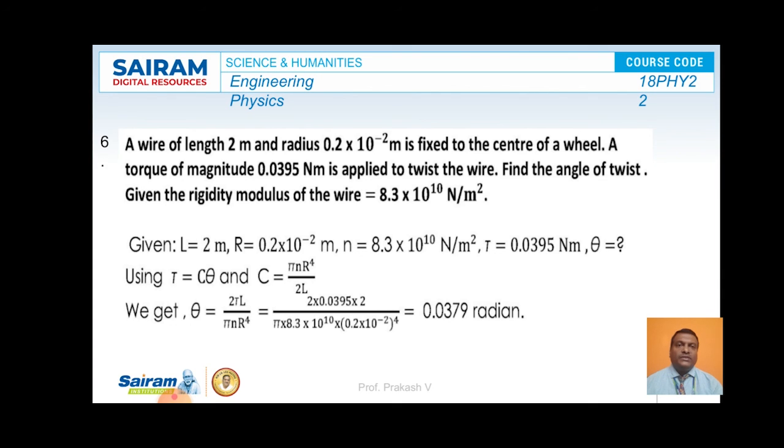And we know that T is equal to C theta. Further, the value of C is found to be pi n r to the power of 4 by 2L. Then theta can be written as 2TL by pi n r to the power of 4. By applying the values of T, L, N and R, and on simplification, the value of theta is calculated as 0.0379 radians. Thank you.